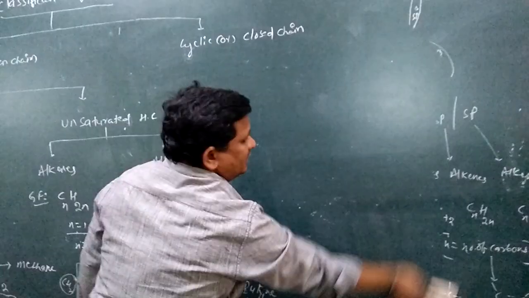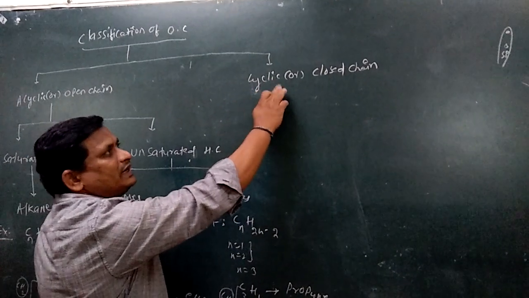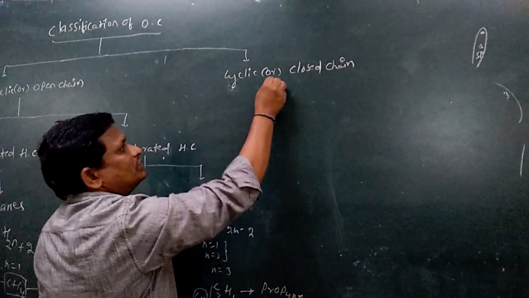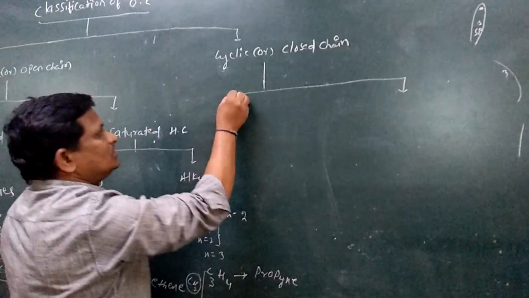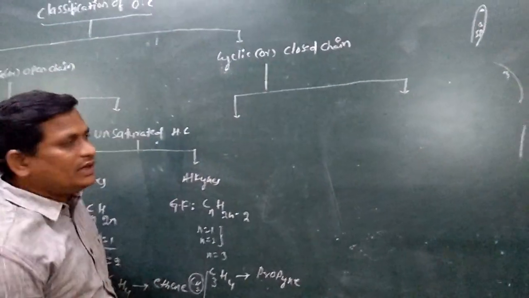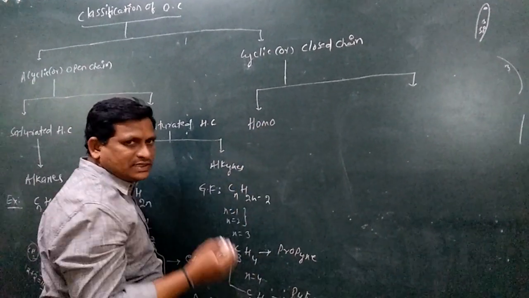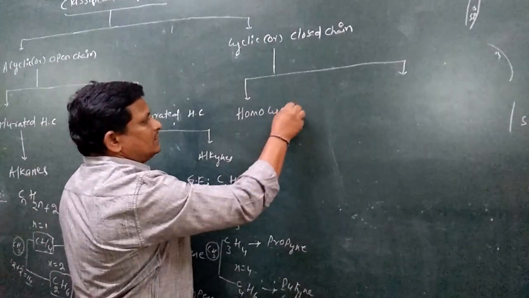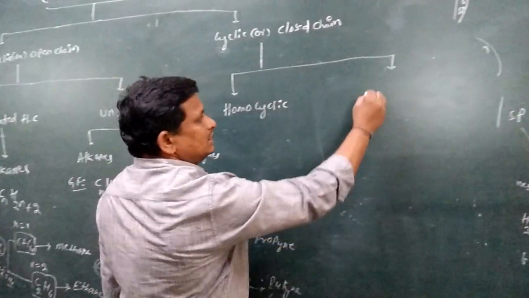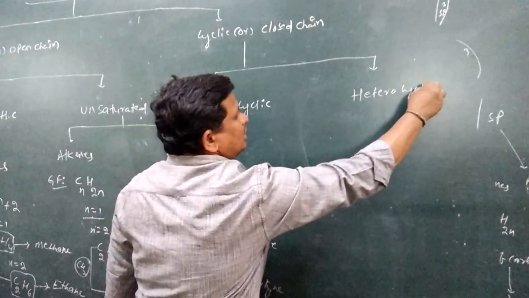Next, another classification of organic compounds is cyclic or closed chain compounds. These compounds are classified into two types. One is homocyclic. Homo means same type of cyclics. Second one is heterocyclic compounds.